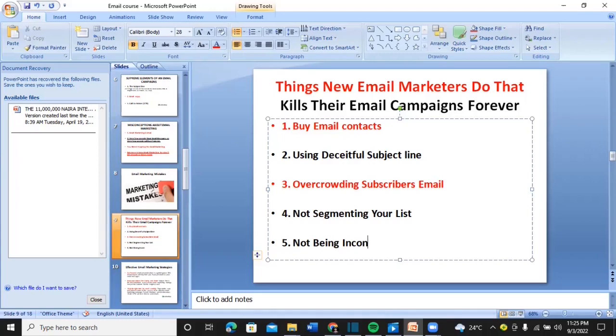Number two is using deceitful headlines. The people opening your email are not robots. They know their expectation. They know why they open your email messages.